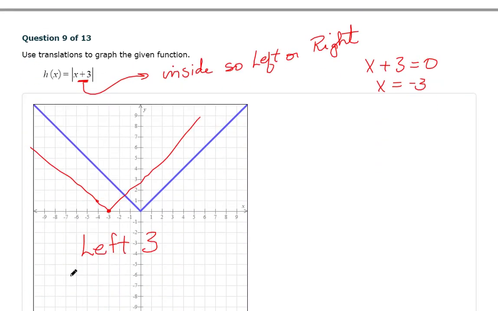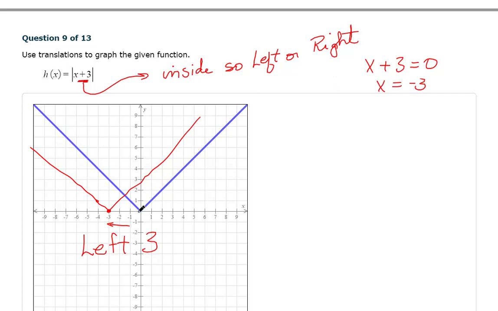Let's see, question 9. Okay, I've got an absolute value. That's a V. Something's on the inside, so it's a left or right. We know to figure out what makes it equal to 0. So that would be x is minus 3. So the whole graph just moves left by 3.